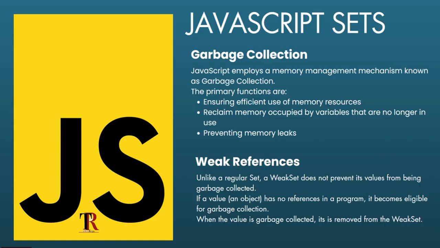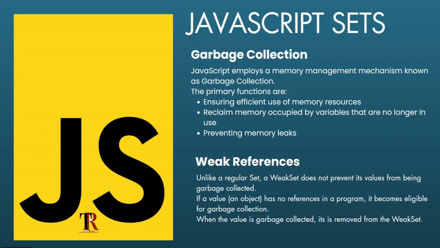So JavaScript knows how to work with all those inputs in order to give you an output at the end of the day. One of these mechanisms is referred to as garbage collection, which is simply a memory management mechanism that JavaScript employs, because JavaScript runs on a computer as well.